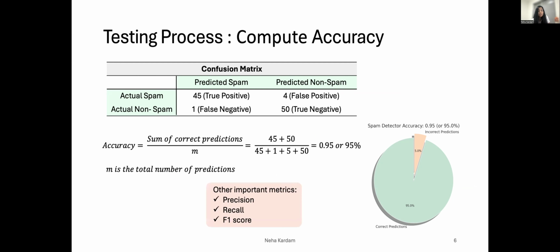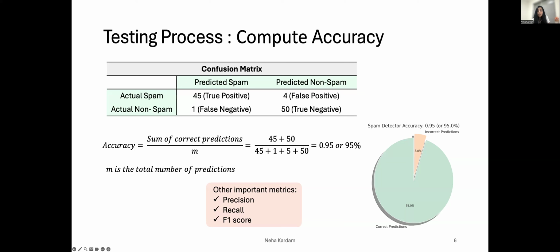However, accuracy alone doesn't capture everything, particularly with imbalanced datasets. That's why other metrics like precision, recall, and F1 score are important. Precision measures how often the model's positive predictions are correct, while recall shows how well it captures actual positives.